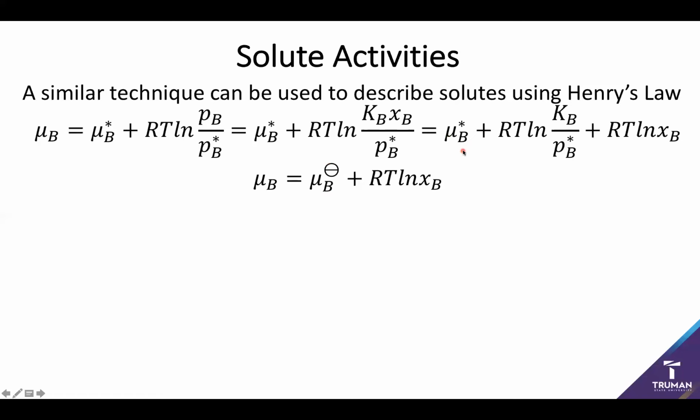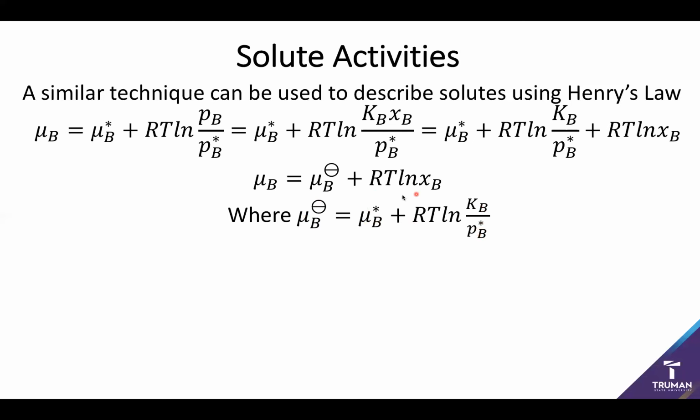And then again, we go ahead and correct the term with RT times the natural log of the mole fraction of B. And again, we are representing the chemical potential of the solute by the chemical potential of the solute as a solvent, plus essentially this correction factor of the difference between the solute and the solvent energies.